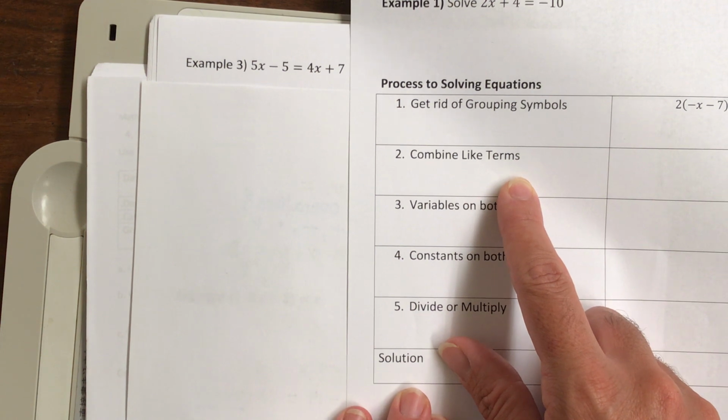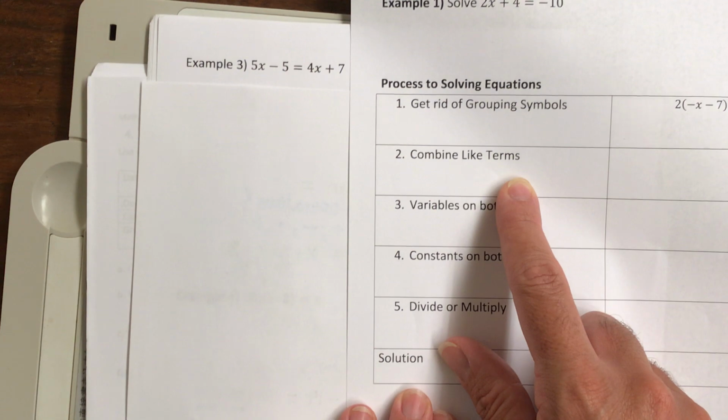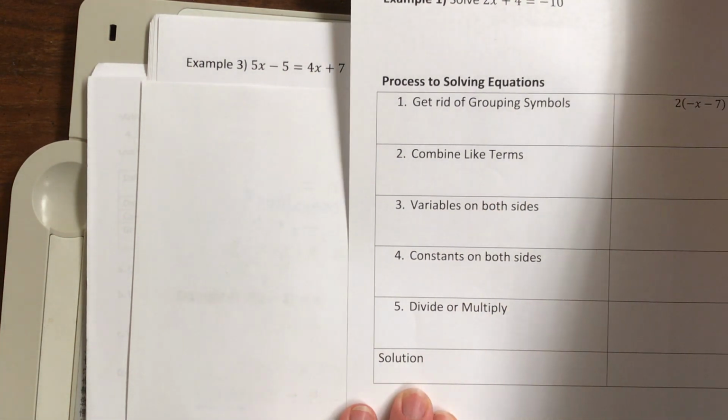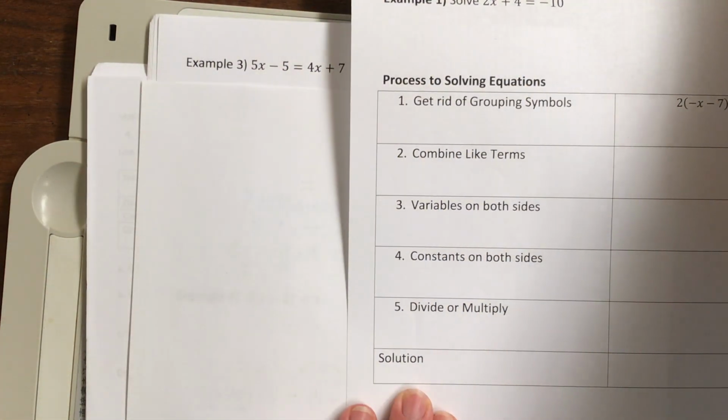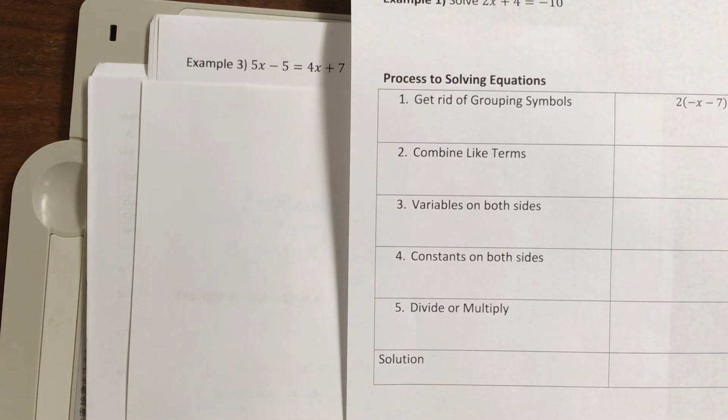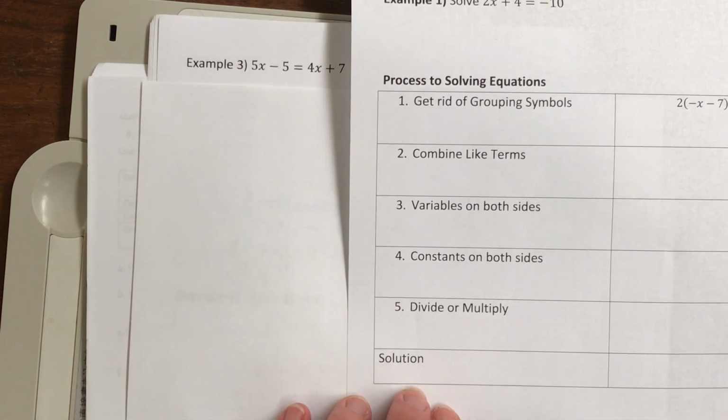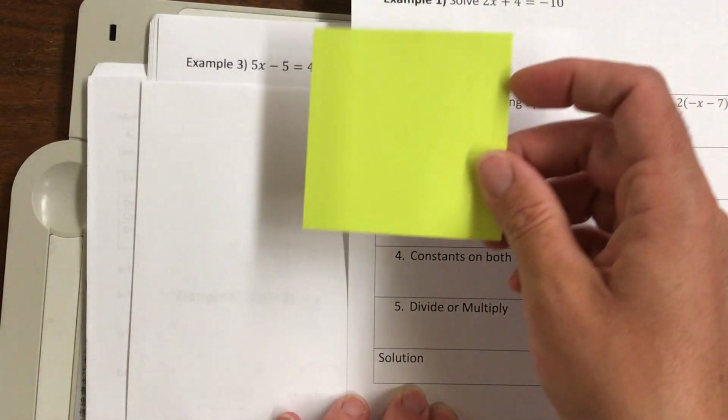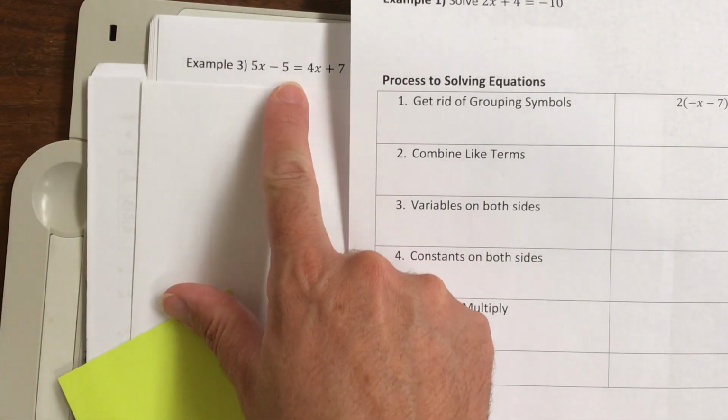Now I'm looking at this problem and you might think that 5x and 4x are like terms. And yeah, in a way they are, but also they're not. Okay, so Ms. Greene, what the heck are you talking about? Well, if you go back to what we talked about before with the word expression, treat each side right now as an expression.